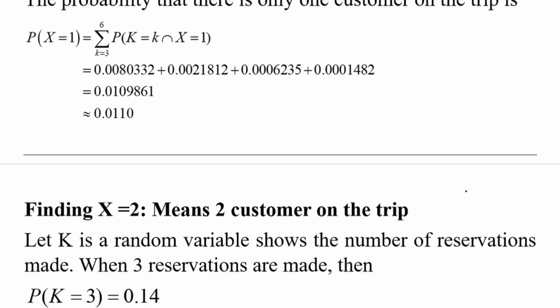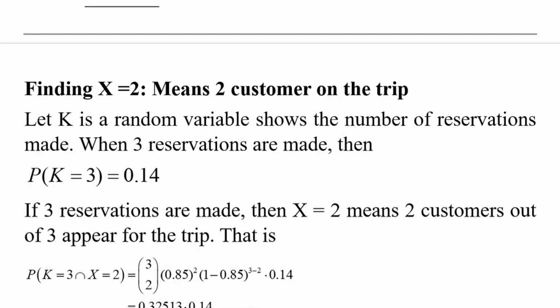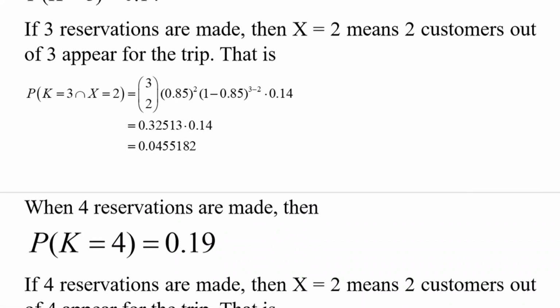The probability that there is only one customer on the trip, probability x is equal to 1, becomes this one. Likewise, for x is equal to 2, we need to consider all the 4 cases.